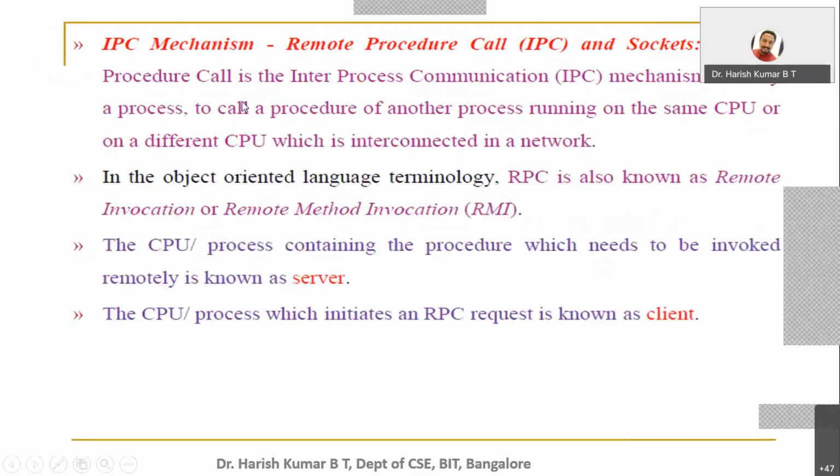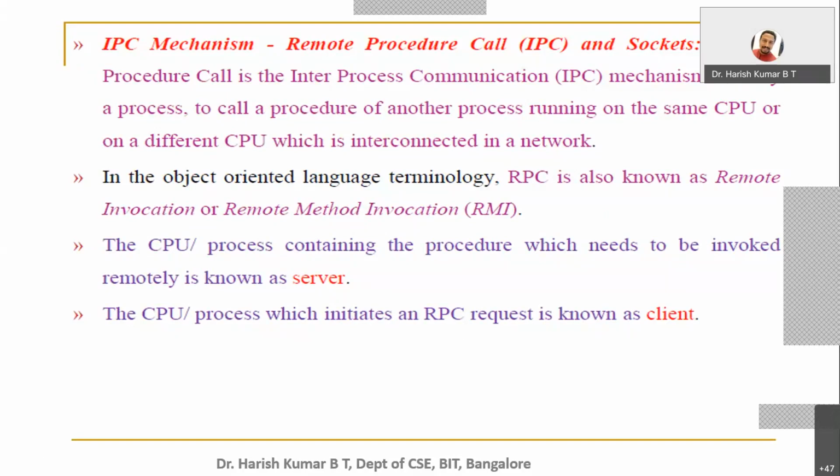Next, another type of IPC mechanism is the remote procedure call. We understood two types of IPC mechanism. One is the shared memory mechanism. Under shared memory, you understood pipes, and under pipes, two things: anonymous pipes and named pipes. Another shared memory technique was memory mapped objects.